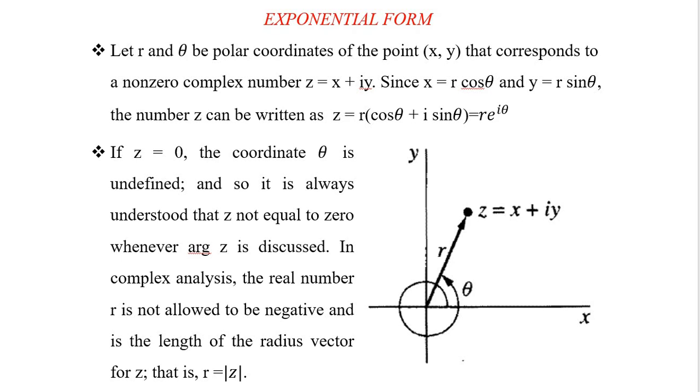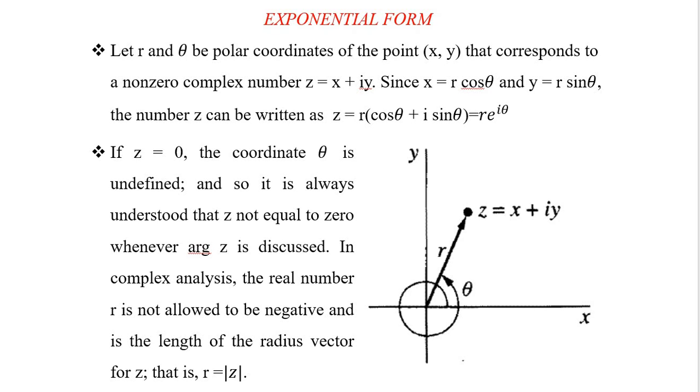So from this plane, we convert to exponential form. How to convert? So what is r? r is the distance from the origin to the particular point. Now we join this z to the horizontal axis, so we create a line. The opposite side is y and the adjacent side is x.